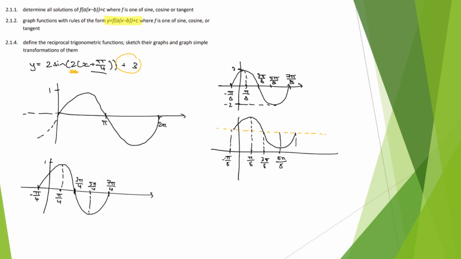This corresponds to 7 pi on 8. And so this point here is 3. So we go up to 5 in this case and down to 1. And so this is a transformed graph of sine according to all of these transformations.